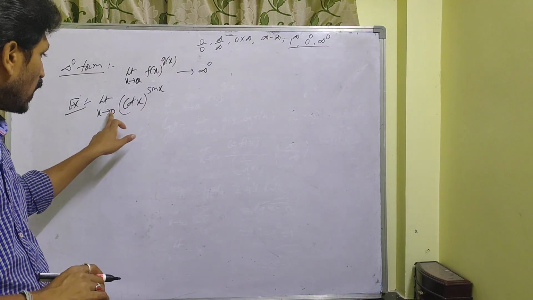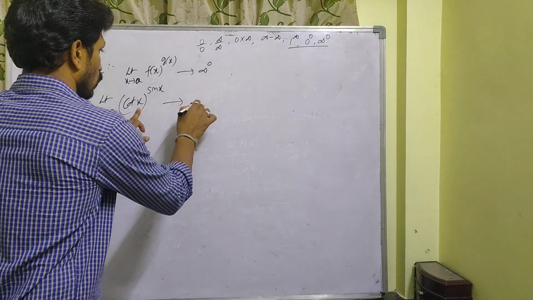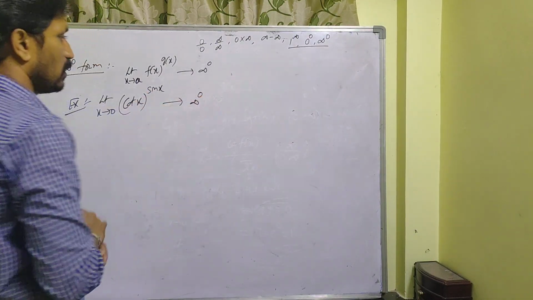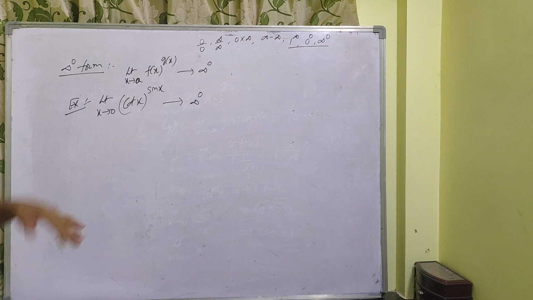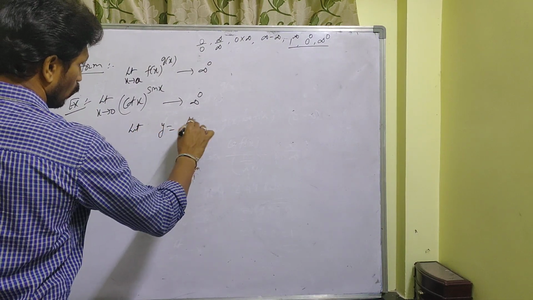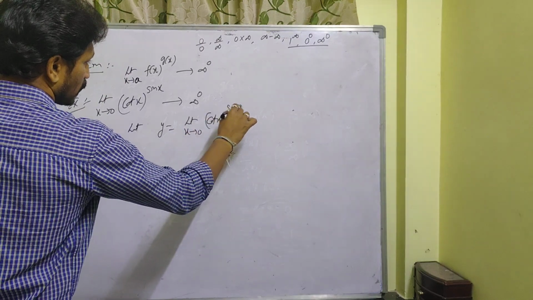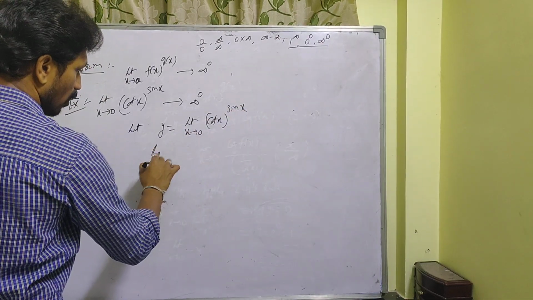See, when x tends to 0, cot 0 is infinite, sin 0 is 0. It is in the form of infinite power 0. So apply the working rule. Let y be equal to limit x tends to 0, cot x power sin x. Apply log on both sides.